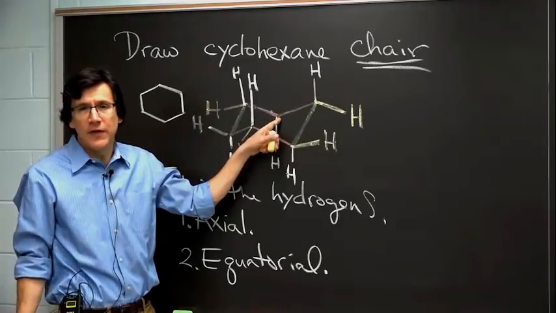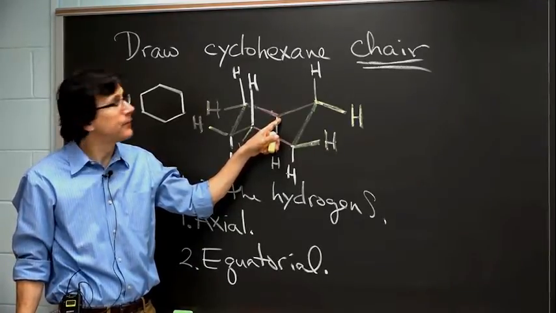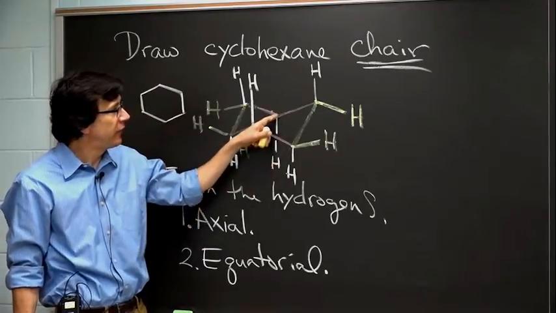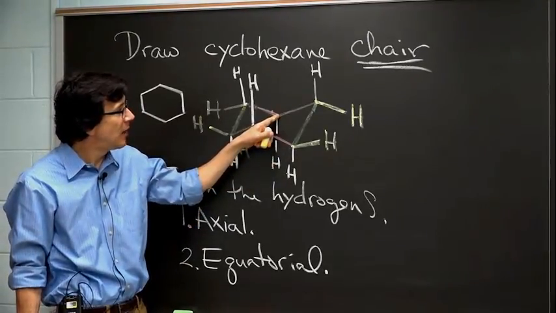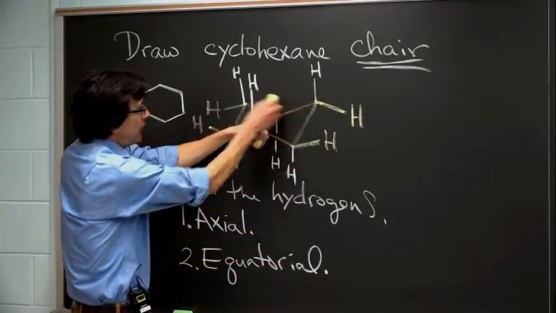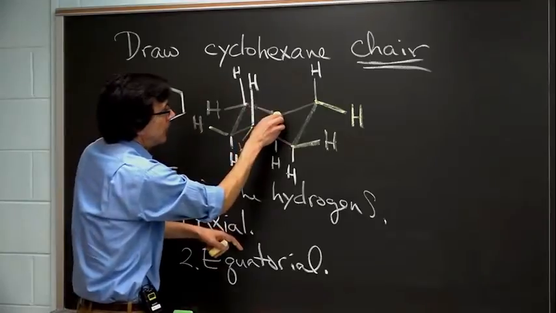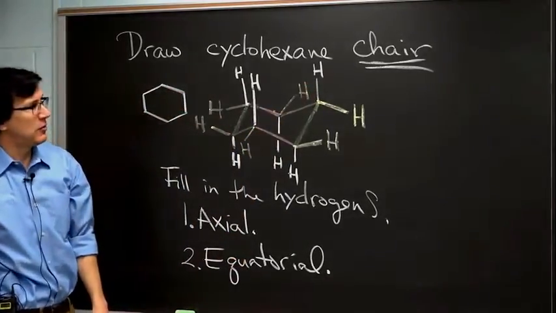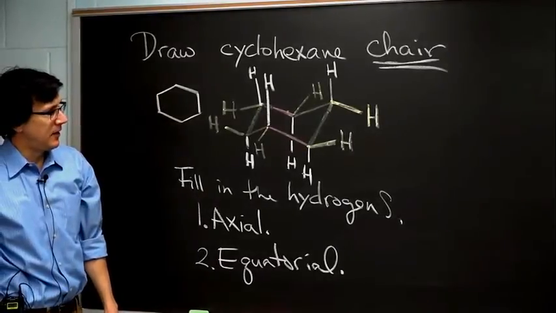So if you haven't filled that in again, give it a try. Well, this already has an axial down hydrogen, so it should be equatorial up. And it should be parallel to the bond once removed, that one or that one. So your drawing should have the 6th equatorial hydrogen there.